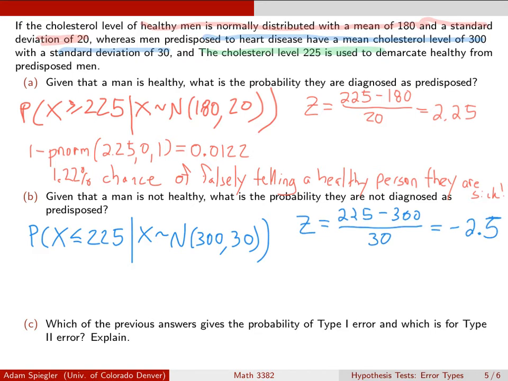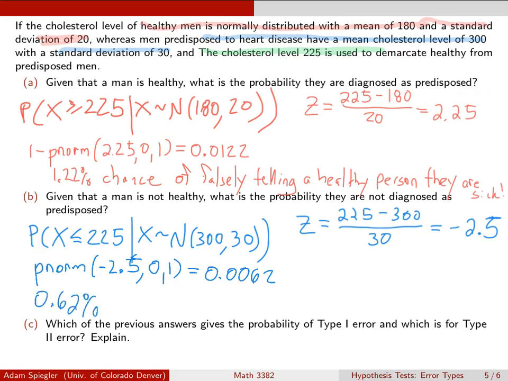We calculate the area to the left of minus 2.5 under the standard normal distribution, and this comes out to be 0.0062. In other words, there's a 0.62% chance of falsely telling somebody they are healthy when they are not, falsely telling a sick person they're healthy.